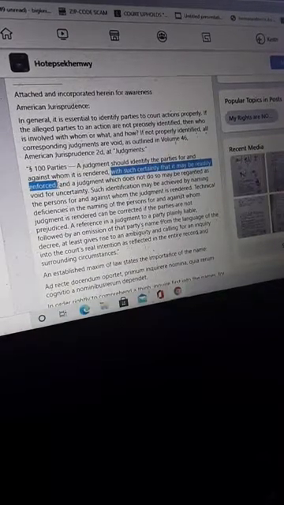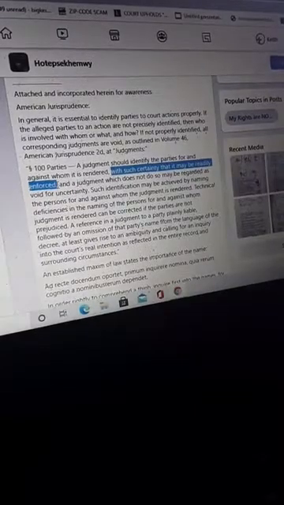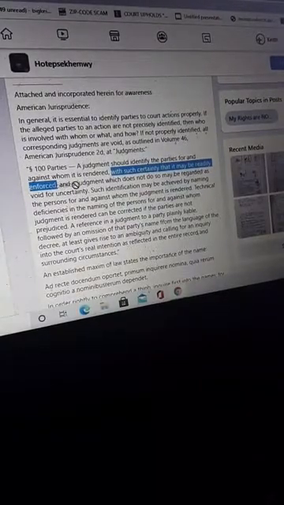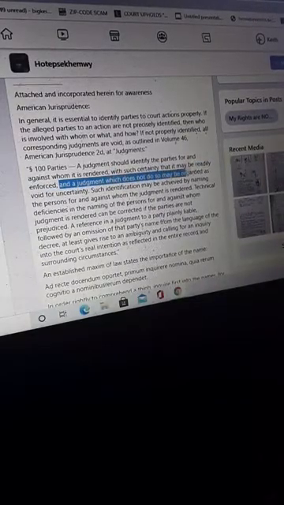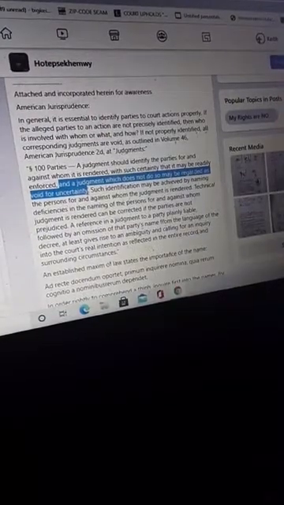And a judgment which does not do so may be regarded as void for uncertainty.